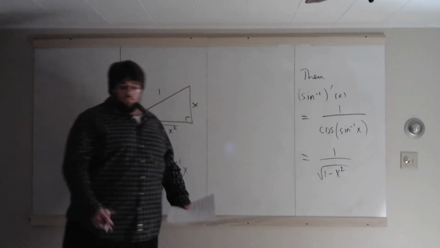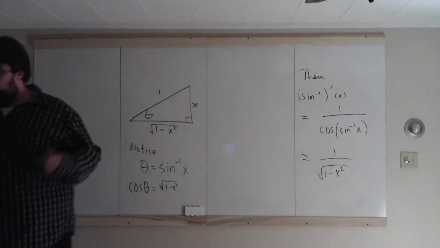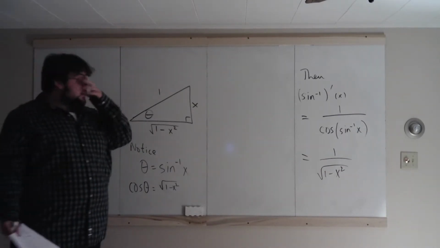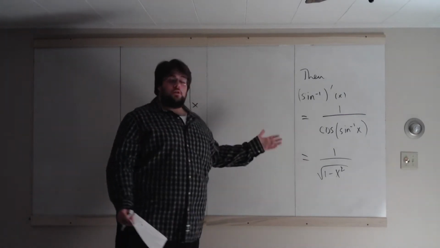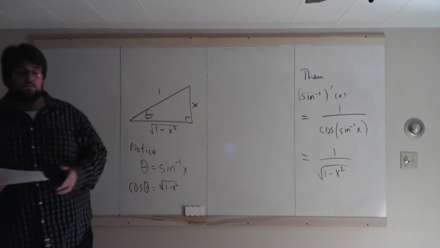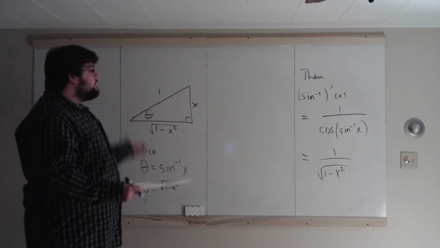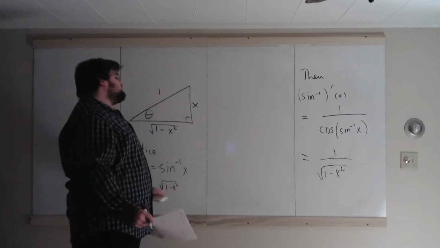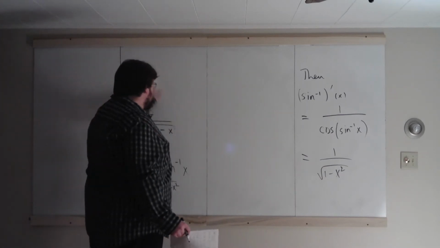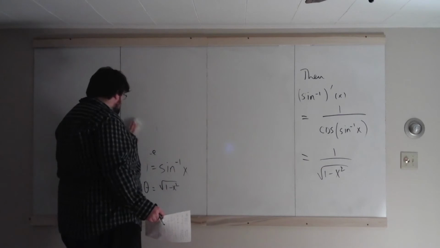So we had the derivative of inverse trig functions. I gave them to you a couple weeks ago. But right here, we could actually use the derivative of an inverse function to derive a formula for the derivative of an inverse trig function. The other six trig functions follow similarly.